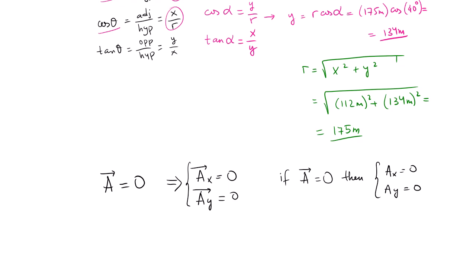So if vector A equals vector B, then the X component of vector A should equal the X component of vector B, and the Y component of vector A should equal the Y component of vector B. So these conditions should apply if 2 vectors are equal to each other.